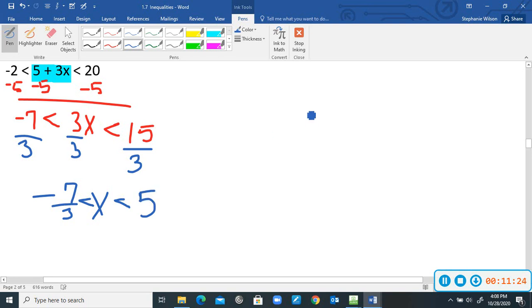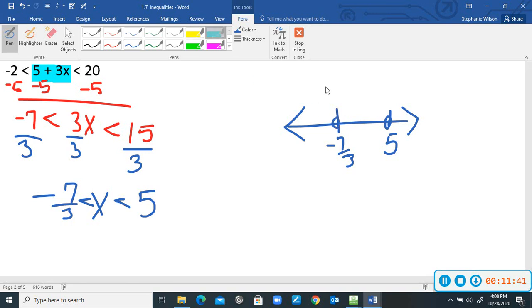And if I was to put it on the number line, -7/3 and then 5, and since they're open intervals, we're going to have an open circle, and it said x fell between those two points. Whoops, right there. Let me erase this.